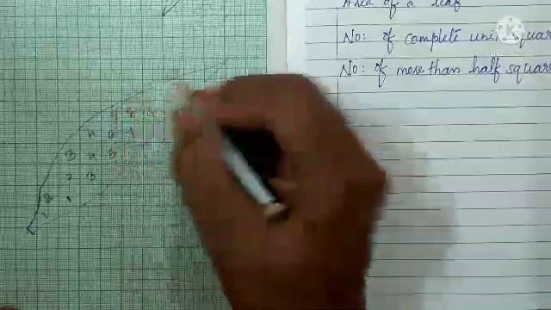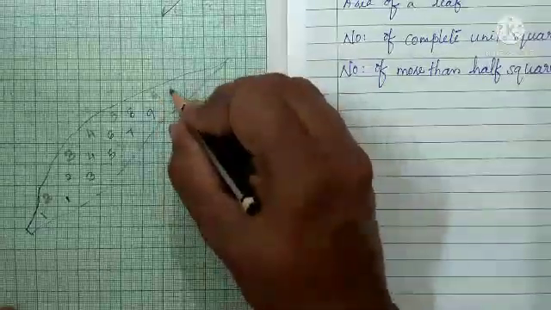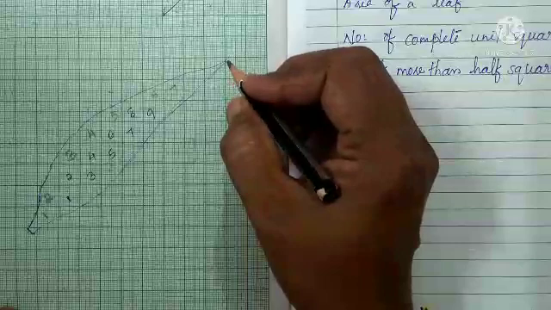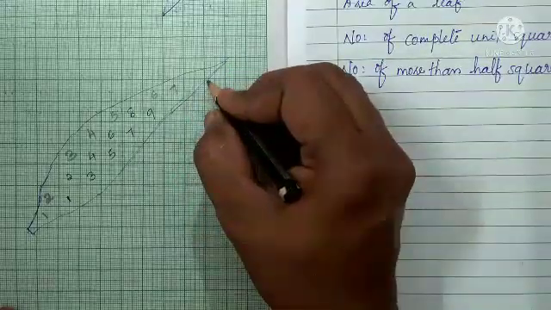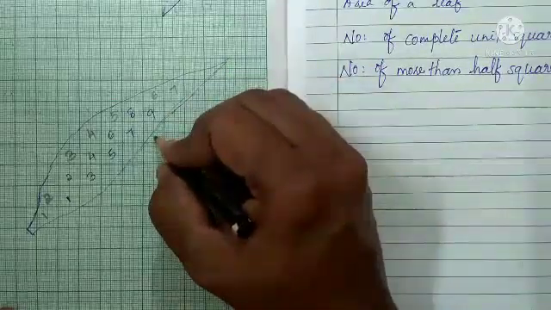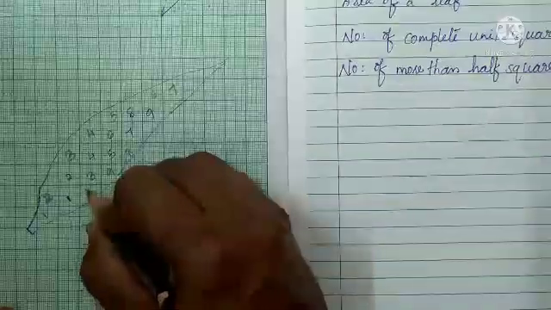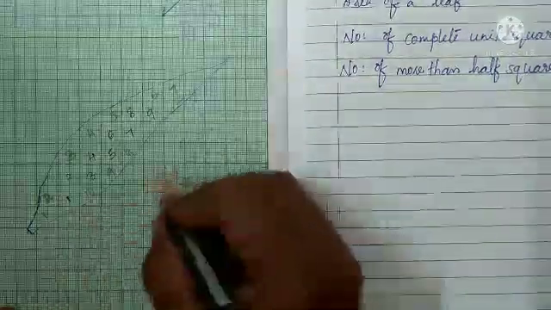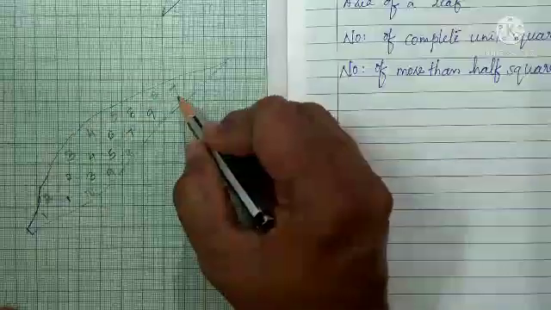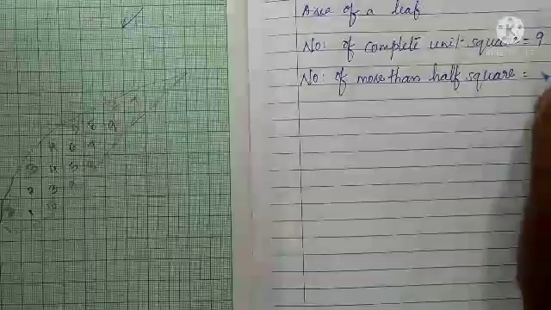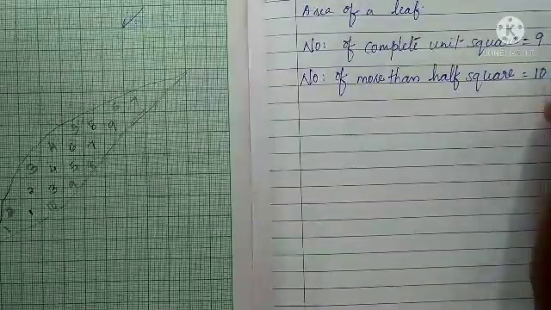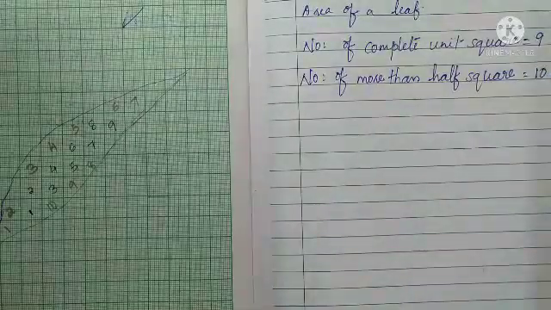This is 5. 6. 7. And then here 8. 9. 10. So how many more than half squares are there? Yes, here we can write 10. 10 more than half squares are there.